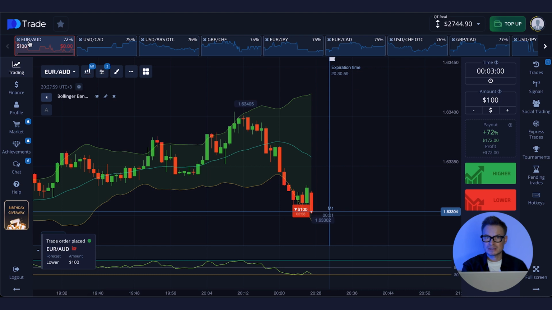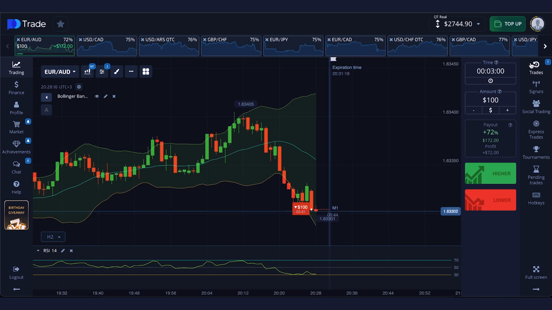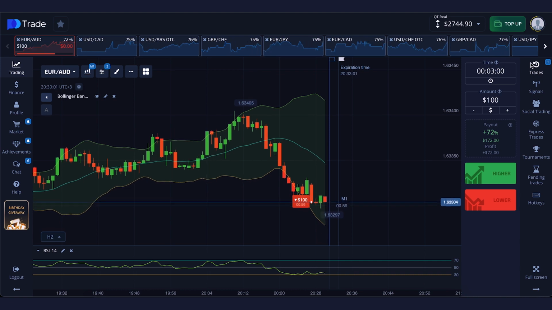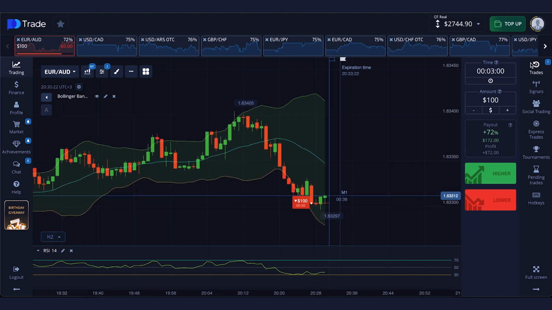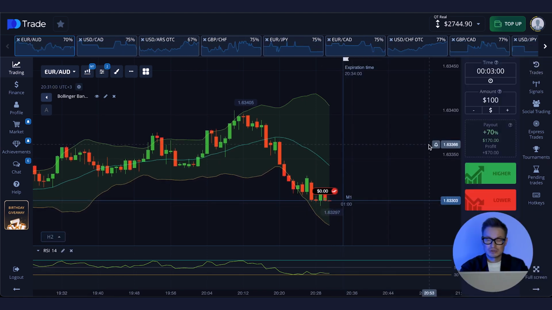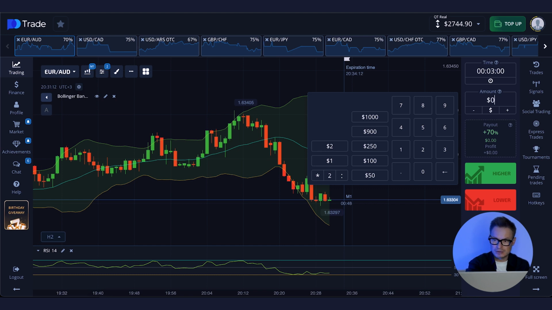I choose euro auto currency pair, make put option on 3 minutes. Traders, I have a losing deal. Let's continue, and increase my trade amount to $100.